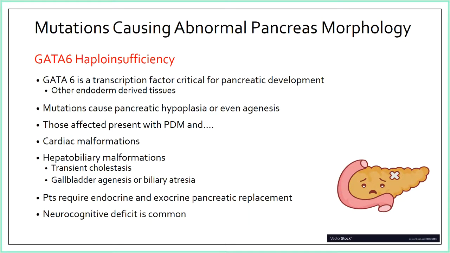Patients, because they have hypoplasia or agenesis, require both endocrine and exocrine pancreatic replacement. And again, because many of the tissues in our brain require GATA6 for fetal development, neurocognitive deficit is quite common in children who have GATA6 haploinsufficiency.